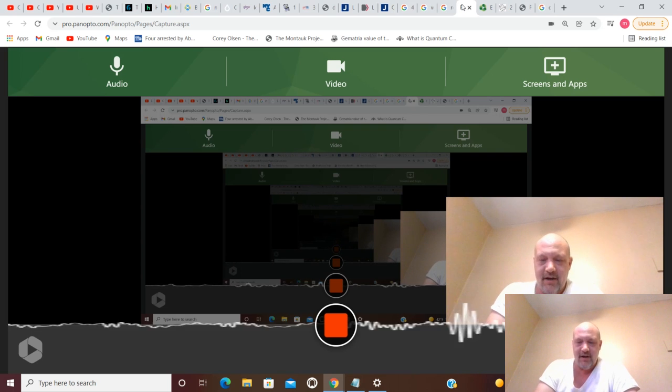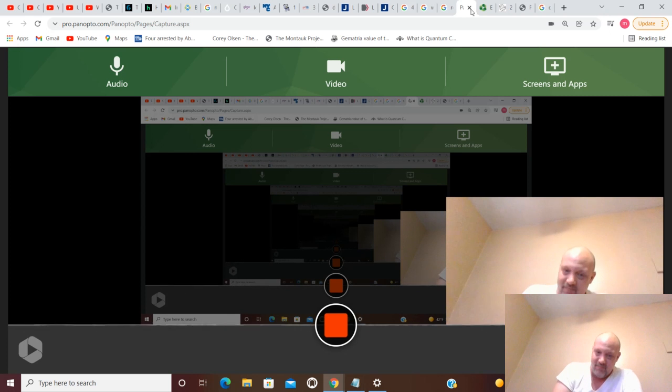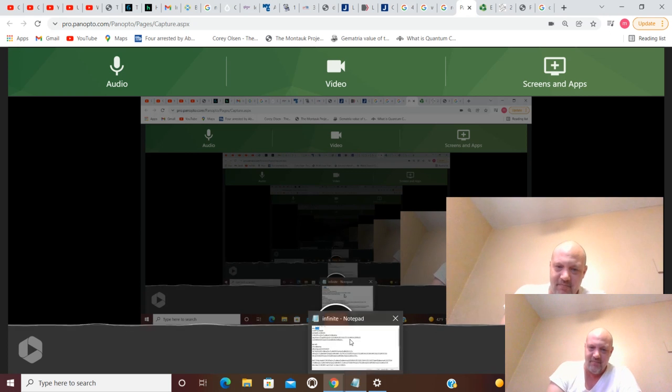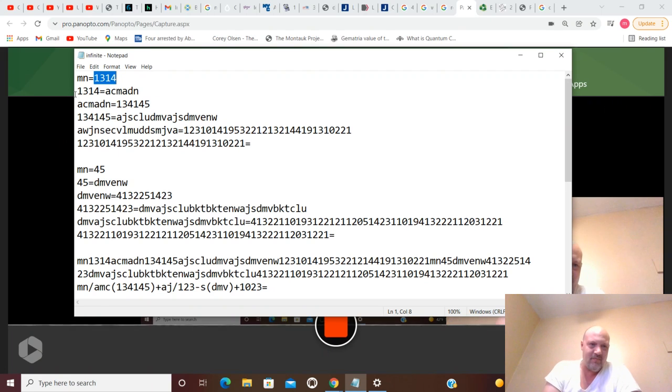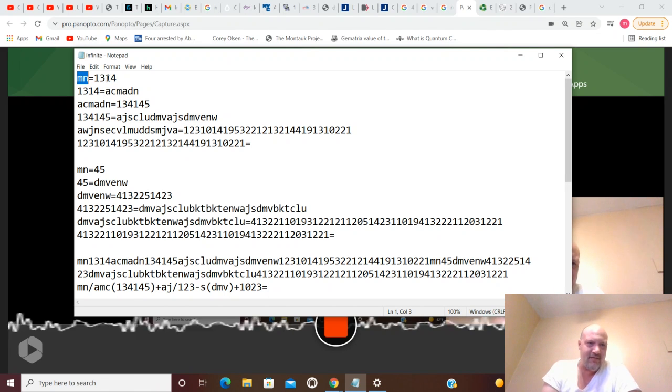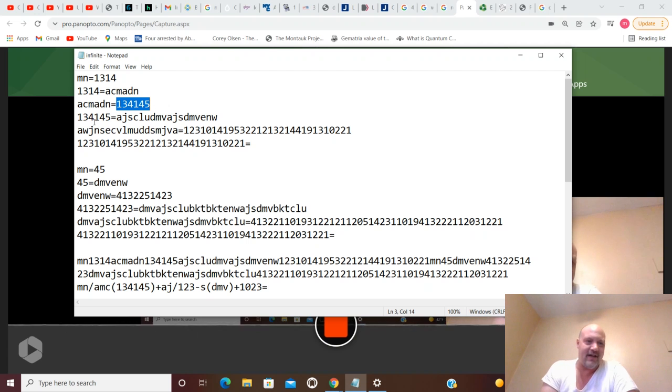So for now, guys, and again, I think we are going to do something while we're here with these numbers combined with these letters and run through the categories. I think you'd have MN 1314, and then you could skip 1314, and ACDM ADN, and then you could skip that and put these numbers and then scramble them up, because after you get past that, it starts to get really, really big.